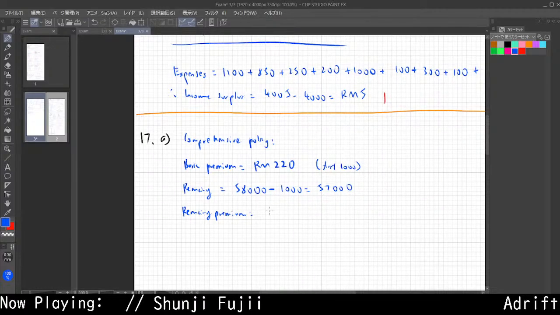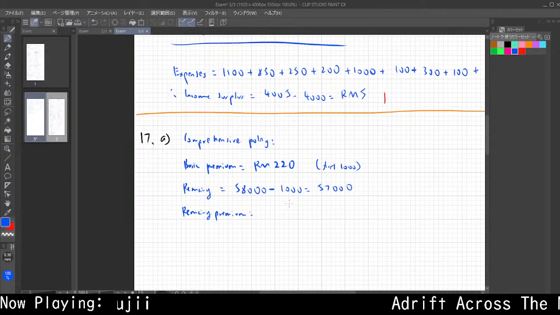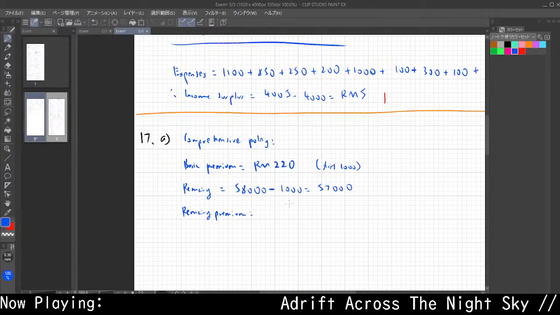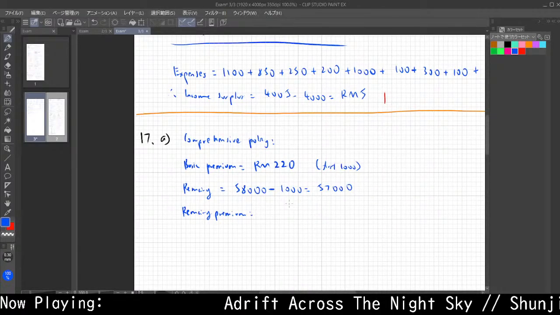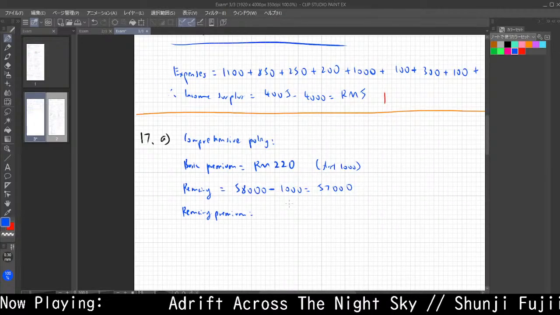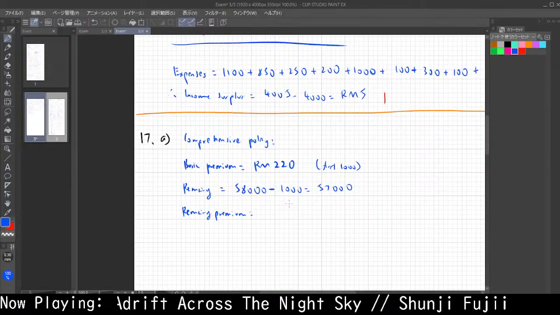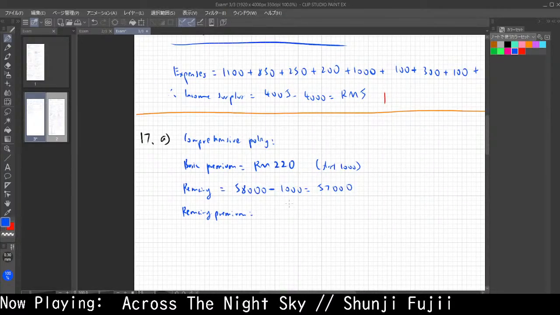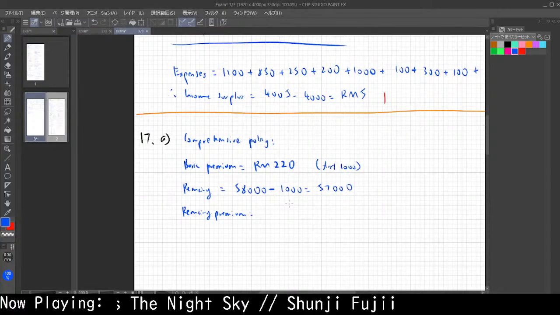You can look at the question, it's written over there already. It says for a comprehensive policy, the rate is 220 for the first 1,000 of sum insured, and then 20.3 for each 1,000 on value exceeding the first 1,000 for Sabah and Sarawak. Peninsular will be 26. Do they have to memorize this? It will be given in the question, definitely.